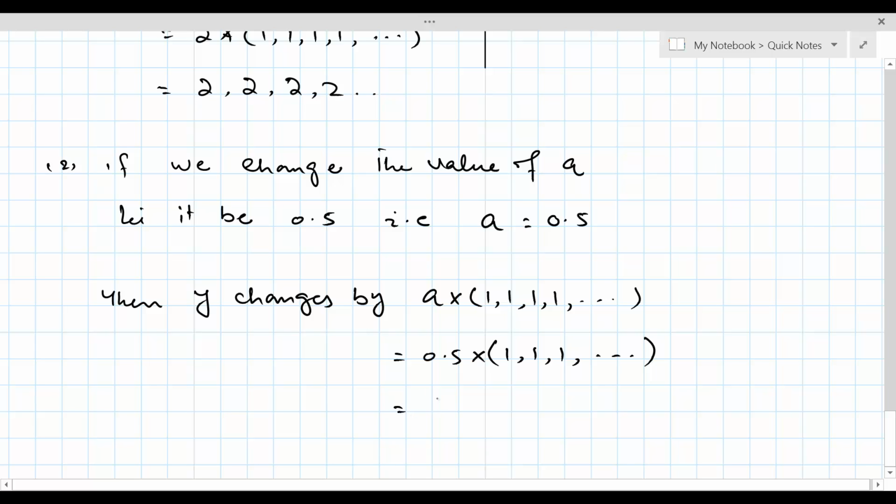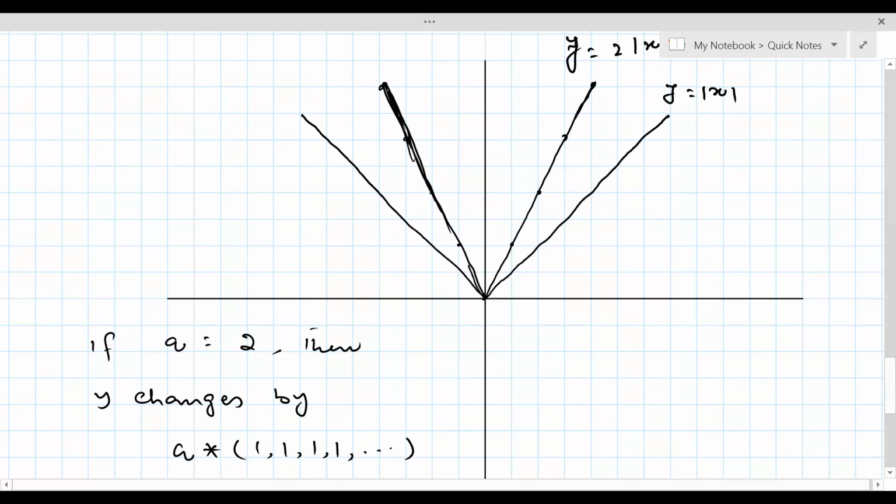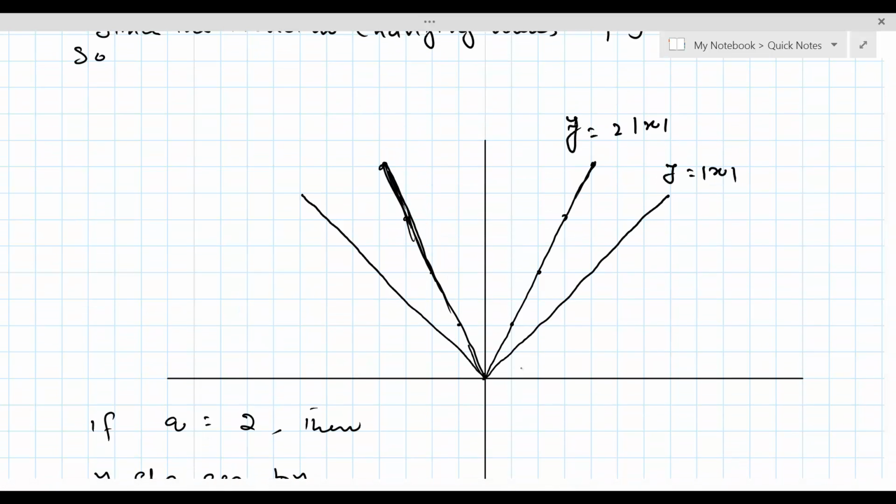This means for every one step right, there will be only half a number change. 0.5, 0.5, 0.5, and so on. So let's plot the graph on the same grid, and this time one step right, half; one step right, half; and so on.